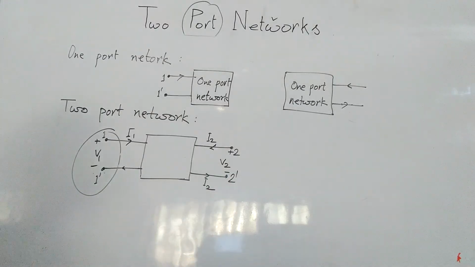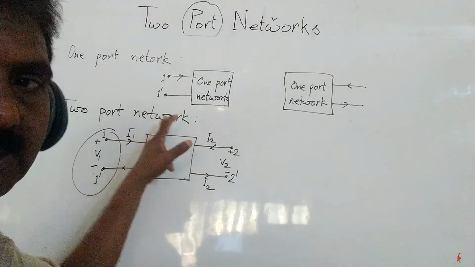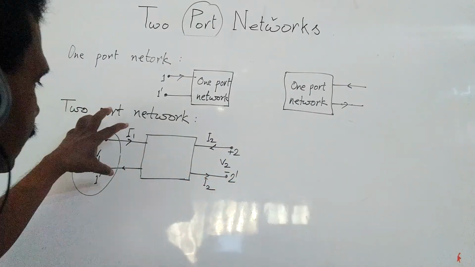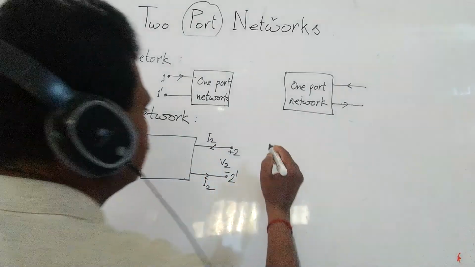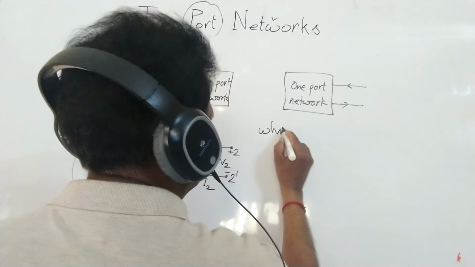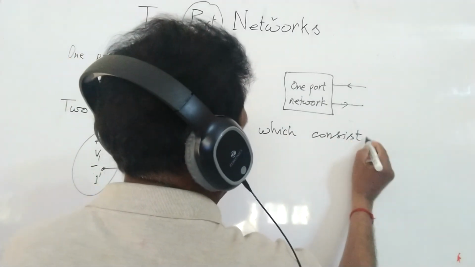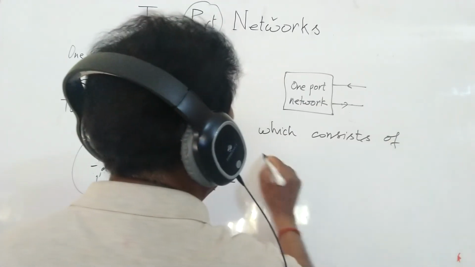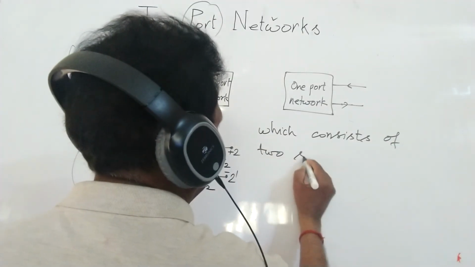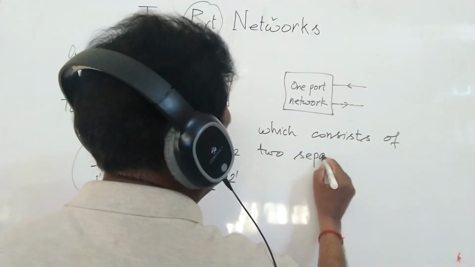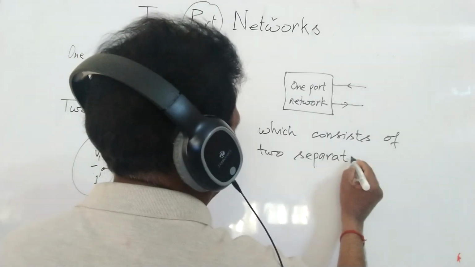Two port networks are the networks which consist of two separate ports.